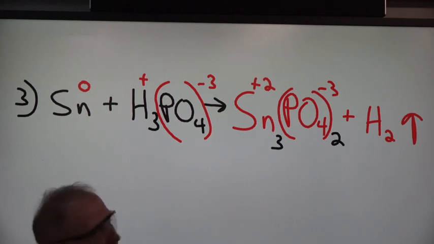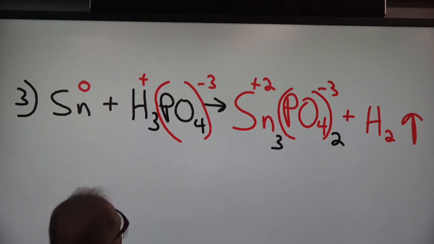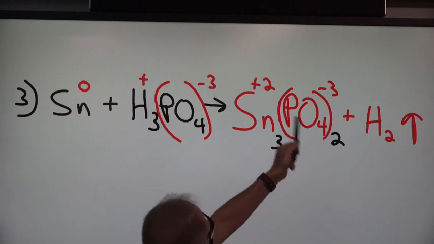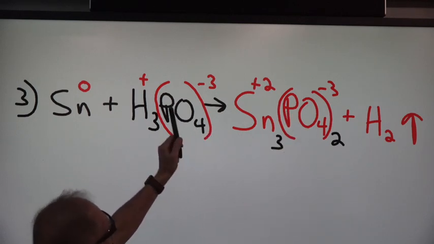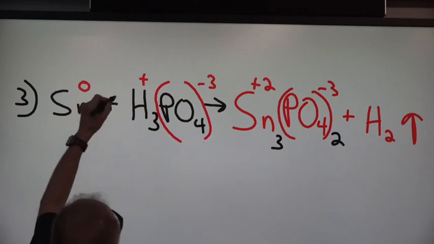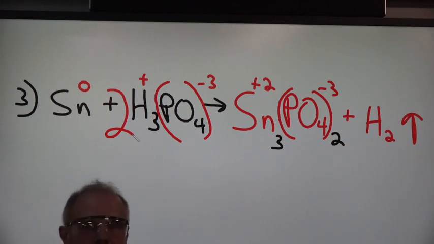Now look at this crazy thing. We got to balance it. So the first thing I see is we have 2 PO4s. Well, we only have 1 PO4 there, so to get 2 PO4s, we put a 2 right there. Now that 2 blows through everything. So now how many hydrogens do we have?